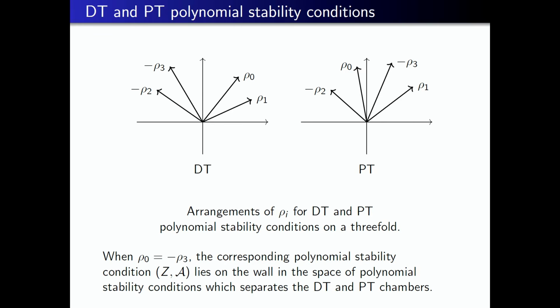If you take the rho in this position, this is what we call the DT polynomial stability. And if you take the rho in this other position, that's what is called the PT. And the reason behind that is that what Bayer proved is that if you look at this configuration of the rho, the polynomially stable objects are Gieseker semi-stable sheaves.